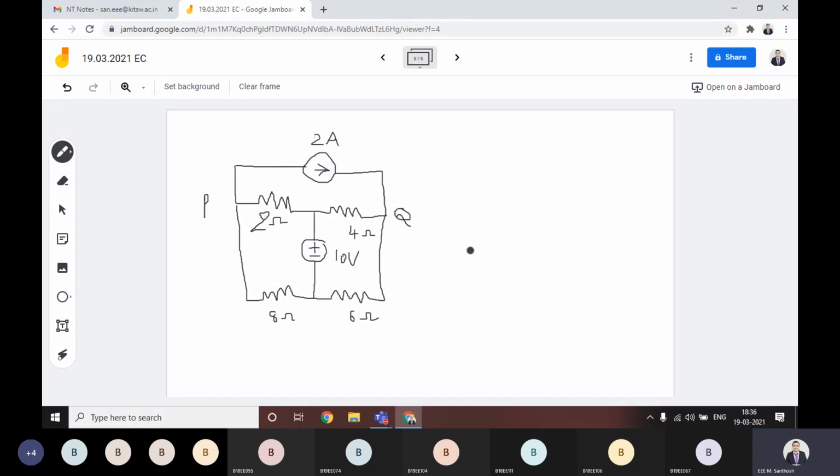Now determine the potential difference between P and Q. Starts now. Determine the potential difference between P and Q. That means you have to find VPQ.